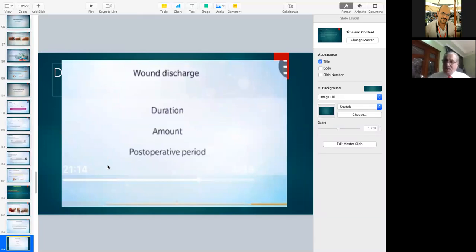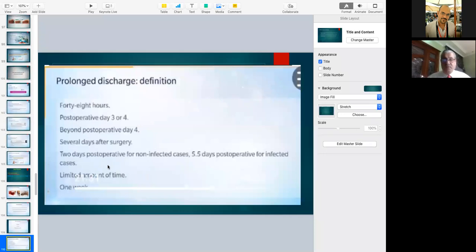In wound discharge, what's our goal? What do we need to care about? It's the duration of the discharge and the amount of the discharge after the postoperative period. So postoperative, the amount and the duration. What is the prolonged discharge definition? It means 48 hours; some say postoperative day 3 to 4.